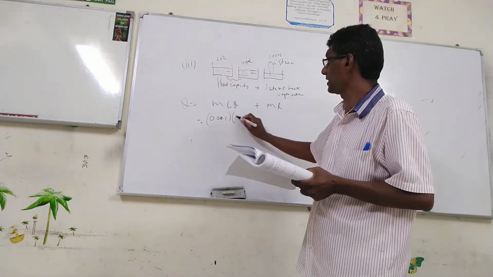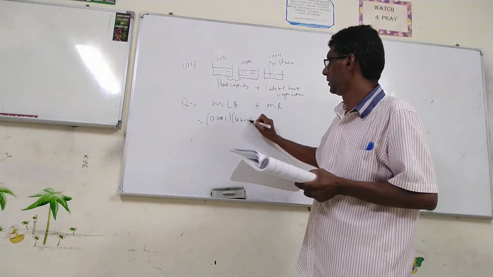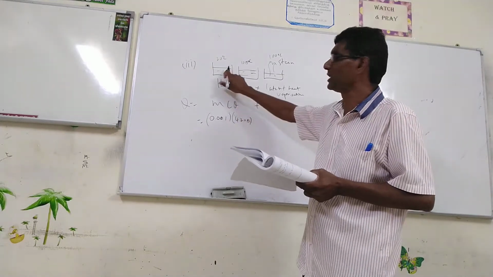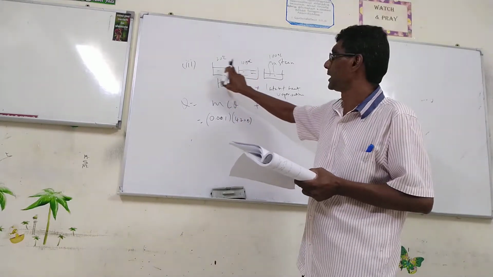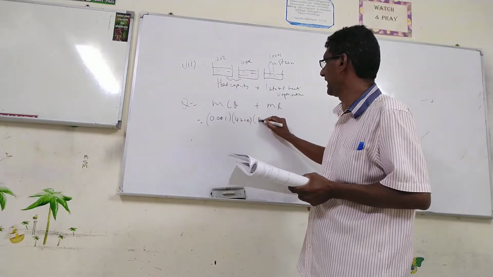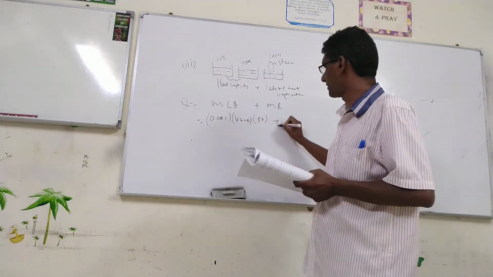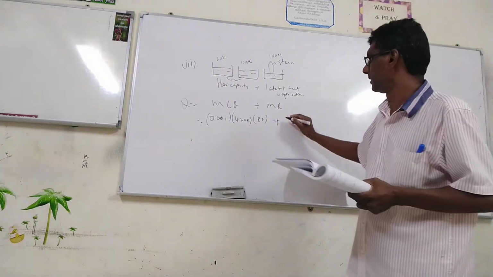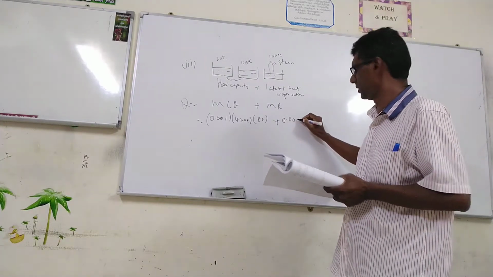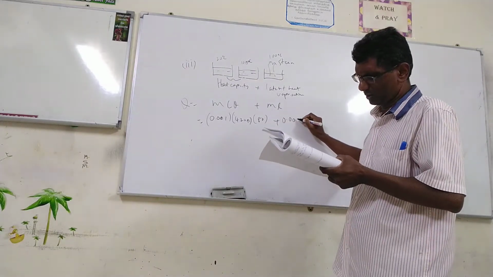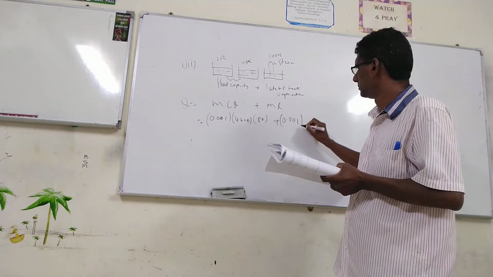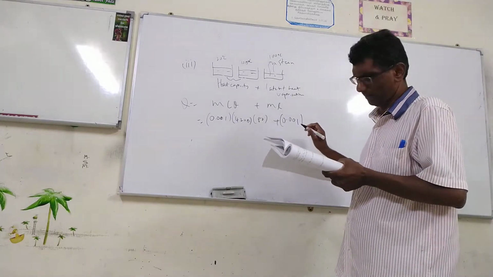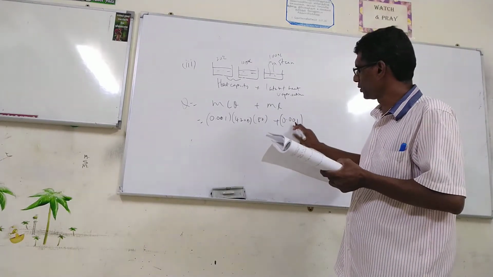And c, the specific heat capacity of water, is 4200. And theta, the change in temperature, from 20 to 100, is 80. Plus mL. Again, m is 0.001.